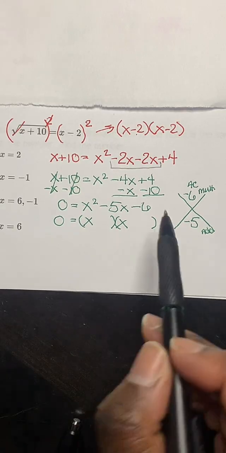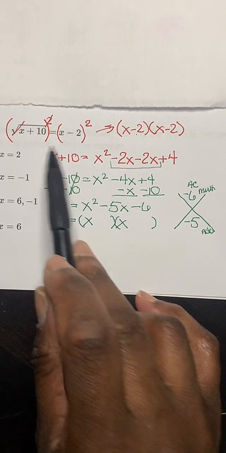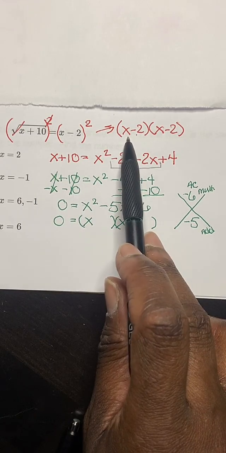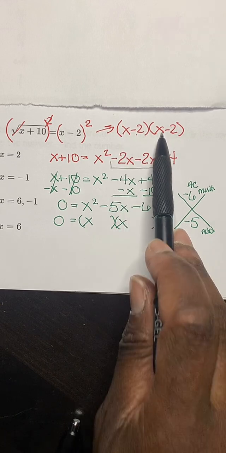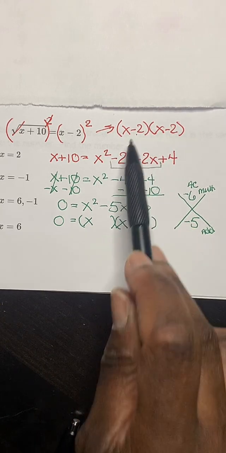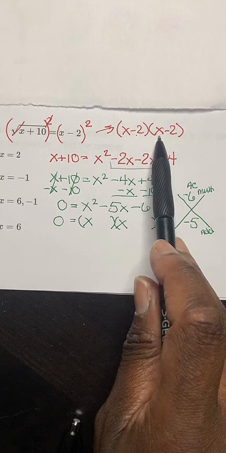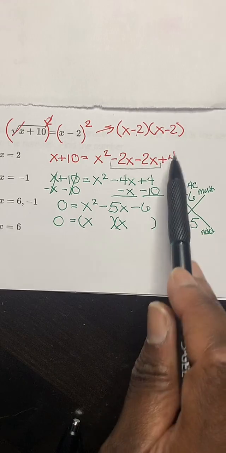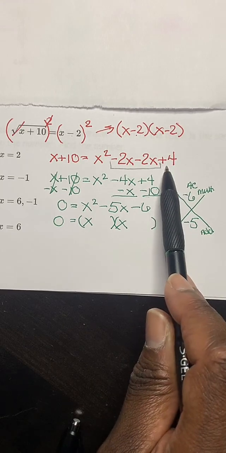Okay. So first thing, we had to square both sides. Then we had to do the distributive property. So x times x gives me x squared. X times negative 2 gives me negative 2x. Negative 2 times x gives me negative 2x. And negative times a negative gives us a positive 4.